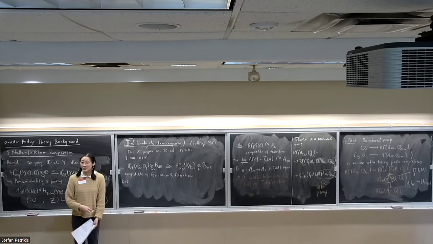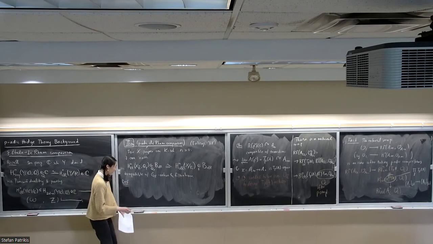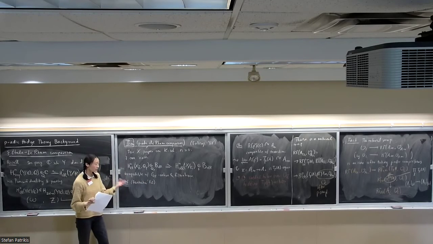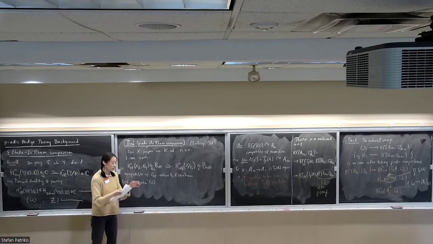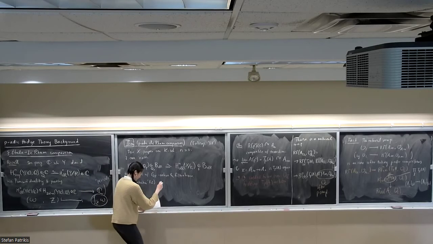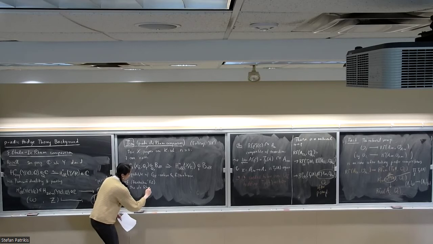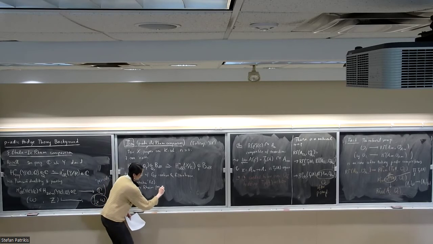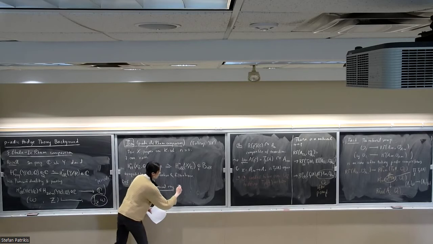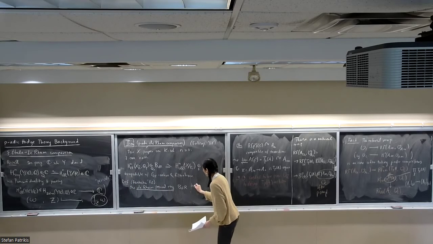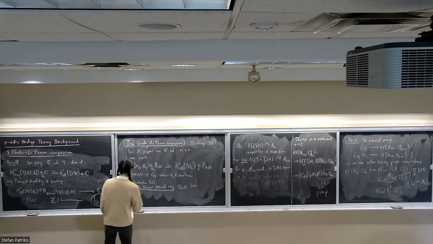So B_dR was first constructed by Fontaine in '82, where he constructed this ring and then also conjectured that such a relation would hold. So the de Rham period ring B_dR has two properties.